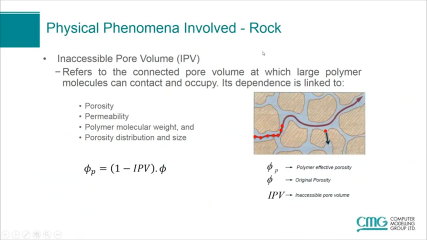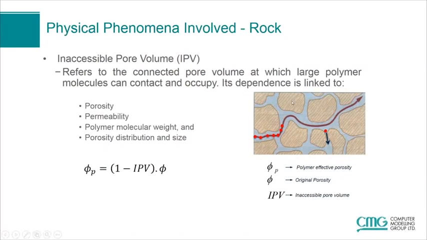Now, another phenomenon is the inaccessible pore volume, and it refers to the connected pore volume which these large polymer molecules can contact and occupy. This picture here is showing how the polymer may flow through the larger pores, but then become trapped in these smaller pores. It just cannot flow through them.